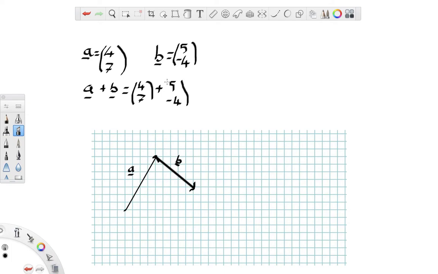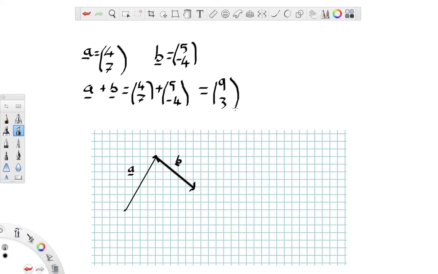Well, again, we do the horizontal components, so it's 4 plus 5, well, that's 9. And then we've got 7 plus minus 4. Well, plus and a minus becomes a minus, so it's 7 minus 4, and that is, of course, 3. So we've got 9, 3.